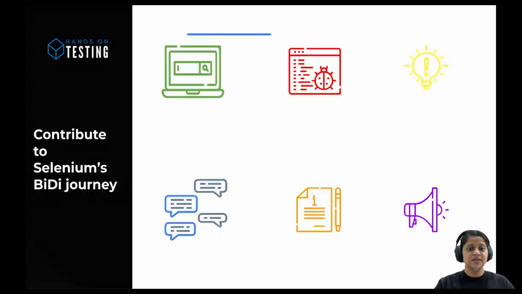One is simply by running the code using our framework to test. If that's not possible, sometimes when you're running it, or even without it, you might identify a bug somewhere. So reporting a bug is also a great way to help us. That kind of feedback is super valuable, right? Sometimes in your automation journey, you might have certain ideas or feature requests pop up in your head that you want to run by us.